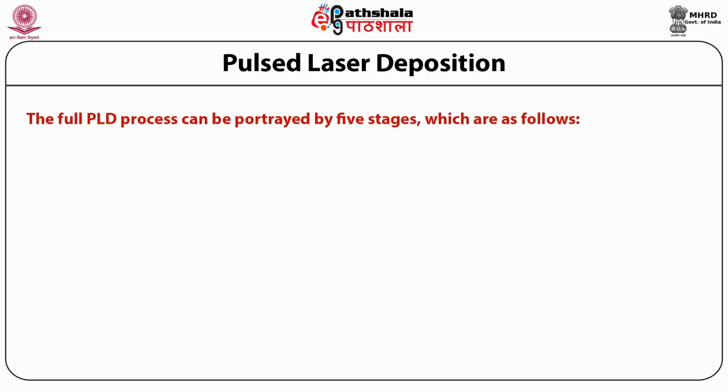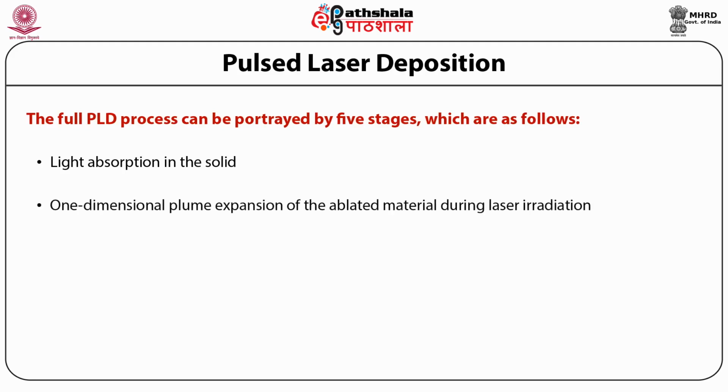The full PLD process can be portrayed by 5 stages, which are as follows. The first stage is the light absorption in the solid. Second is the one-dimensional plume expansion of the ablated material during laser irradiation.